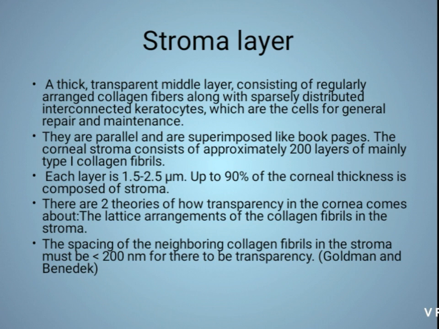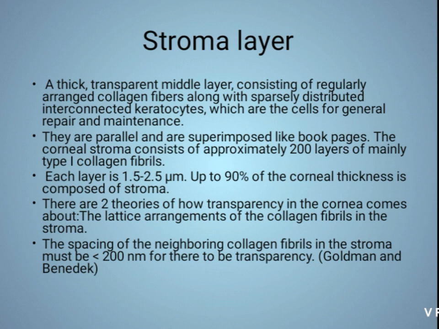Next one is the stroma layer, a thick transparent middle layer which consists of collagen fibers arranged in a parallel fashion and interconnected keratocytes. Keratocytes are the cells of the cornea. Kerato stands for cornea and cytes stands for cells. So keratocytes are the corneal cells. They generally repair and maintain, so they also have a little ability to regenerate.